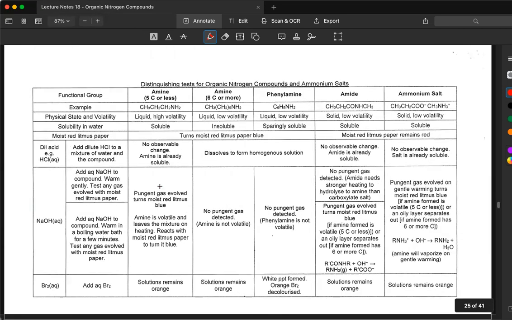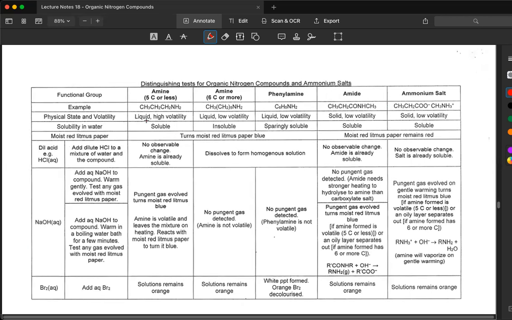Now, this is a table that shows a summary of the properties, the reactions and the observations to be made for the various compounds: amine with 5C or less, amine with 6C or more, phenylamine, amide, and ammonium salts.